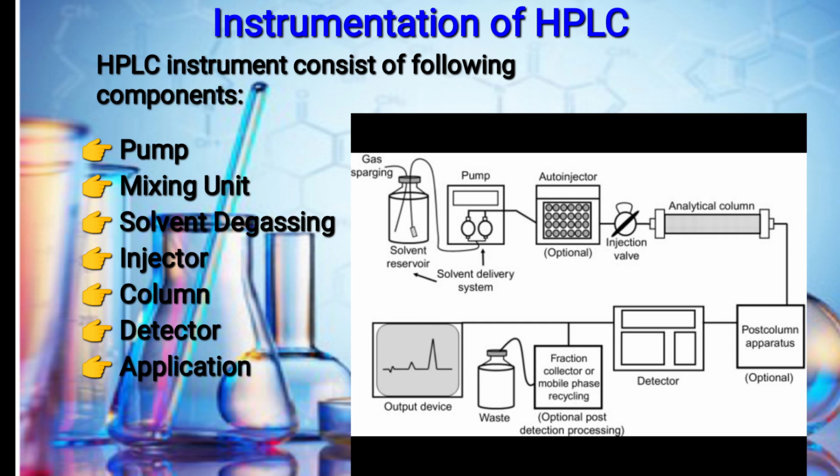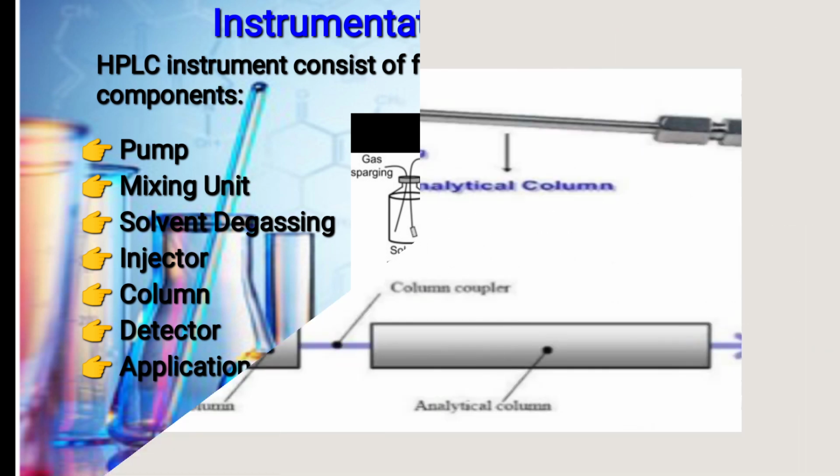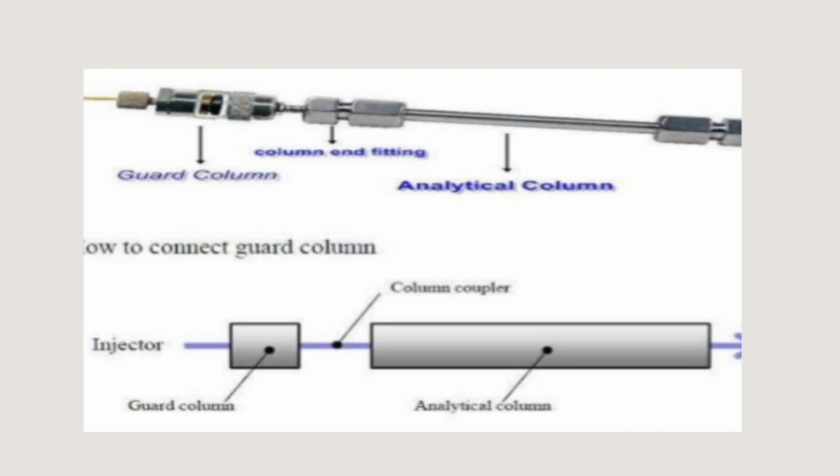Now, coming to the next part, the pre-column or guard column. As its name suggests, the pre-column is used before the analytical column. The pre-column is used to protect our analytical column. The stationary phase is the same in the pre-column, and our solvent first goes to the pre-column and after that goes to the analytical column.